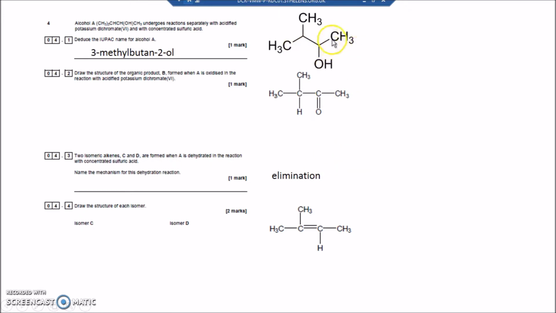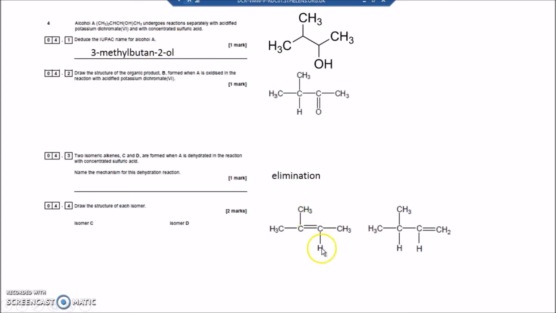Or it could form a double bond here, take the OH off here and one of the H's off there, and could form a double bond here. It's called elimination because we're removing water. So it's called an elimination reaction because we're removing H2O from the structure.